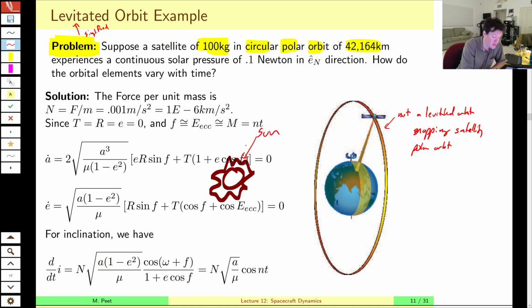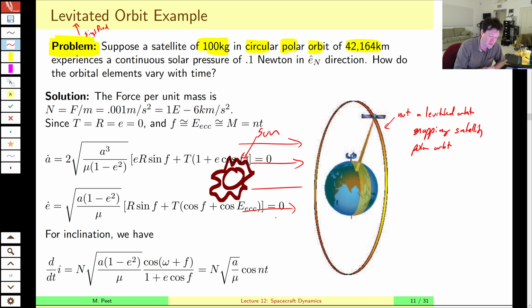And the sun is causing solar wind. You can see what's wrong here is that actually the solar wind is not perpendicular to a polar orbit, but it simplifies the geometry a little bit. In reality, you would want this orbit to be perpendicular to the sun and not a polar orbit.